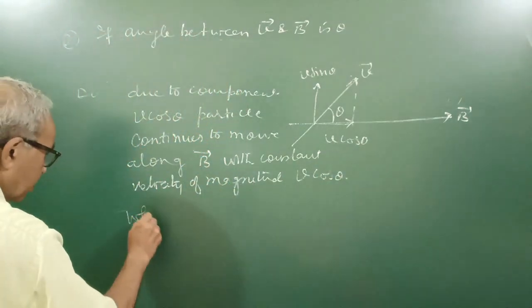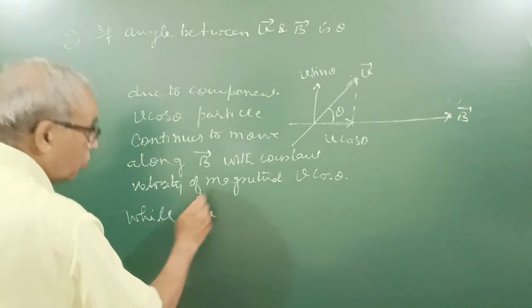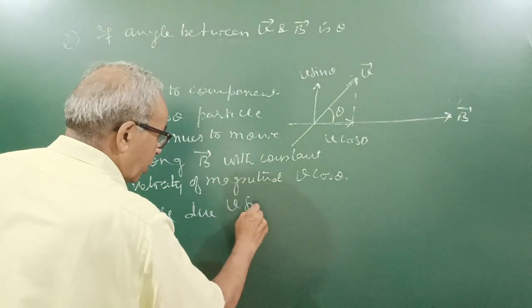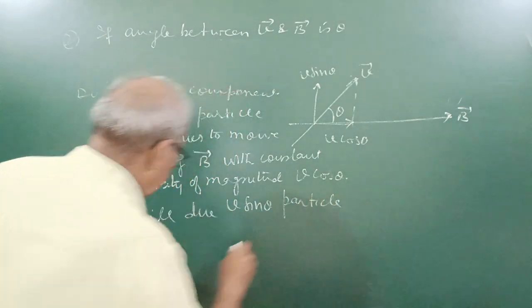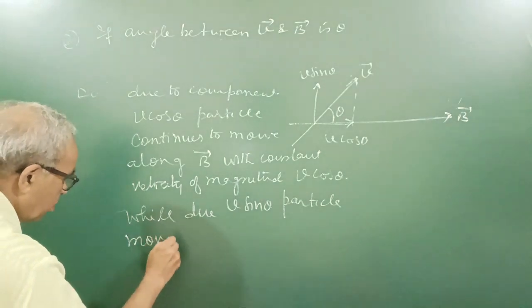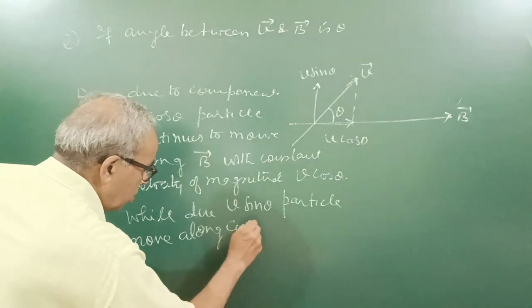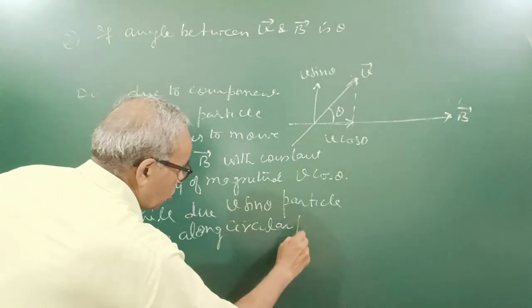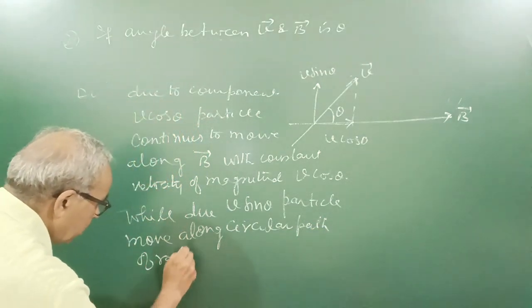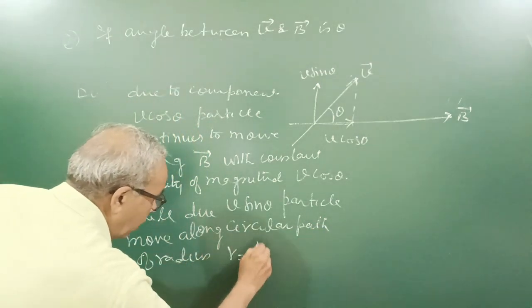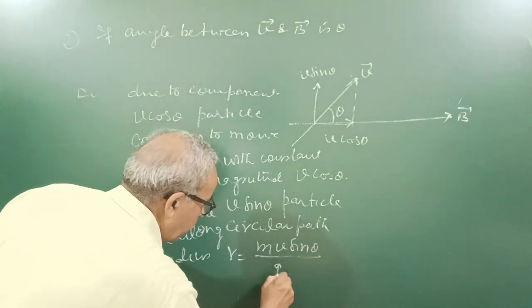while due to V sin theta, the particle moves along a circular path of radius R equal to mv sin theta upon qB.